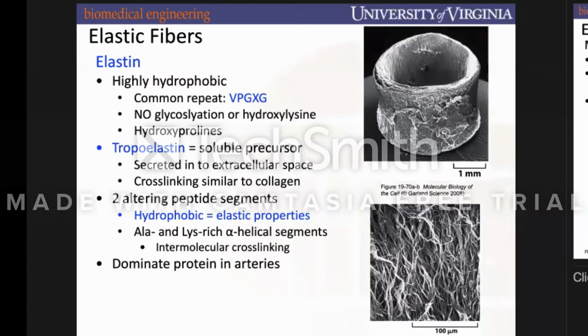So can you guys think of other organs that are strained and go back to their original size? Yes. That's really important because if we didn't have elastin in our lungs, we would take one breath and that's it. Another one.